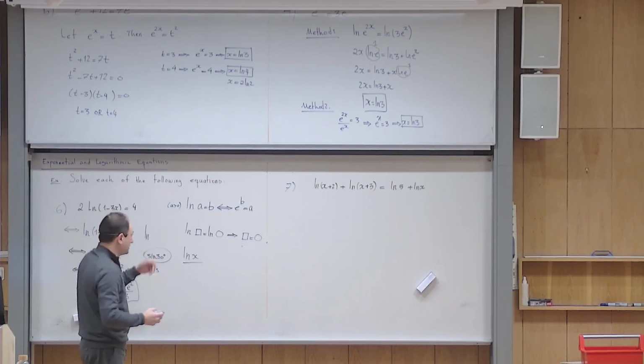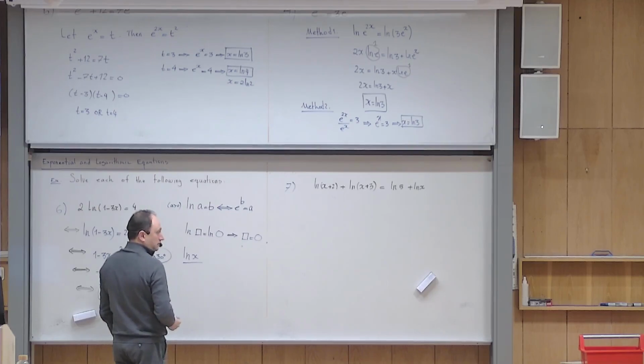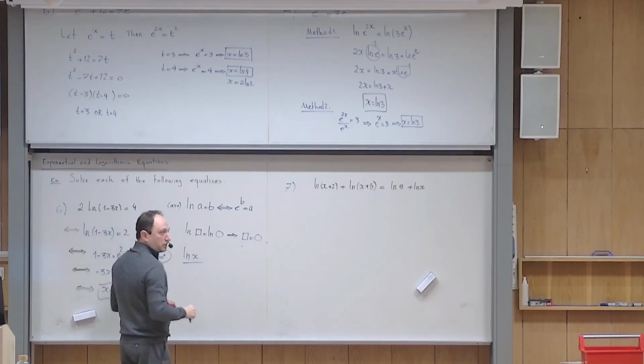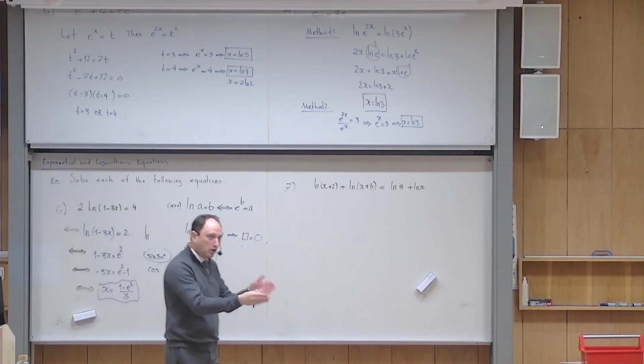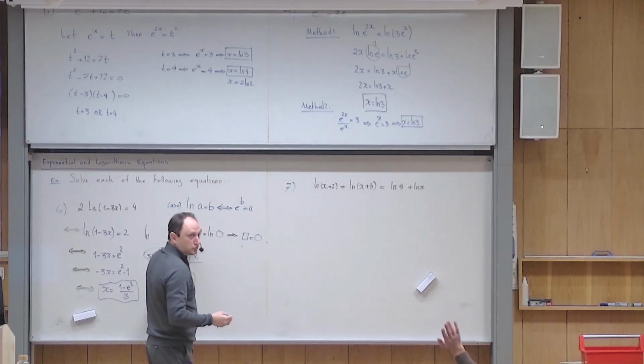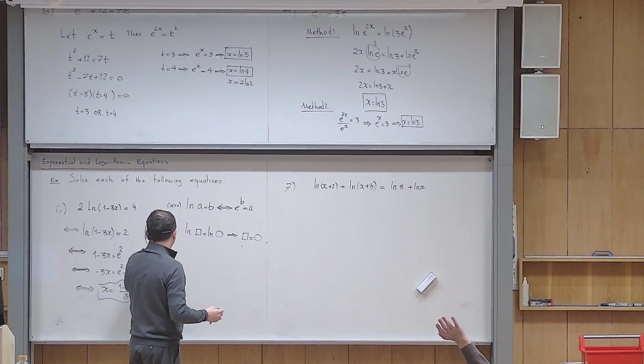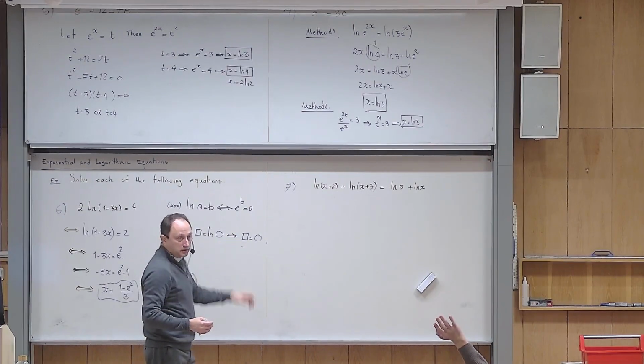Exactly the same situation. Maybe I should have been careful. I didn't drop ln. I am saying that if the logarithm of two numbers are equal, then you can conclude the numbers are equal. This is different from saying that I am dropping the ln sign. So be careful. This is a common mistake. That was good that you asked about.